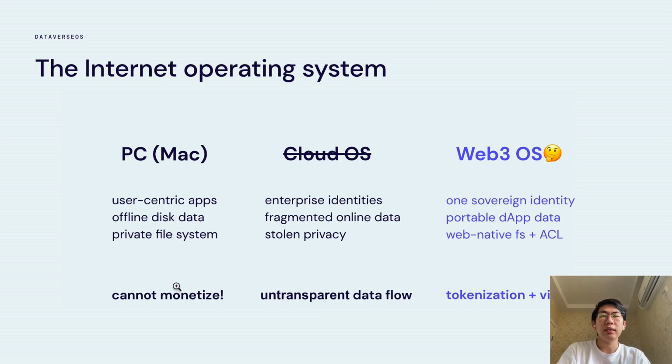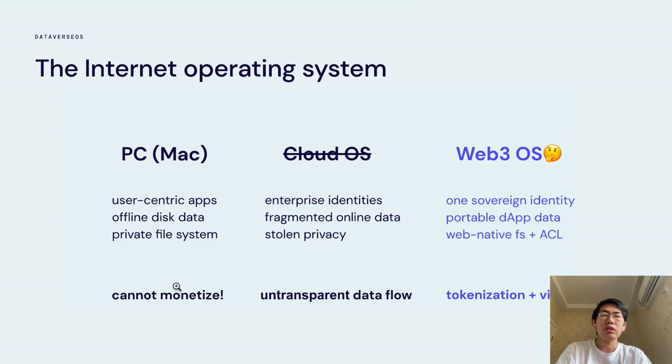Basically, we designed this system by replacing the traditional PC hardware like CPU, memory, and hard disk with decentralized infrastructure such as blockchains, decentralized storage, and decentralized databases, and so on. These infrastructures can help us give back the complete control over data to users.